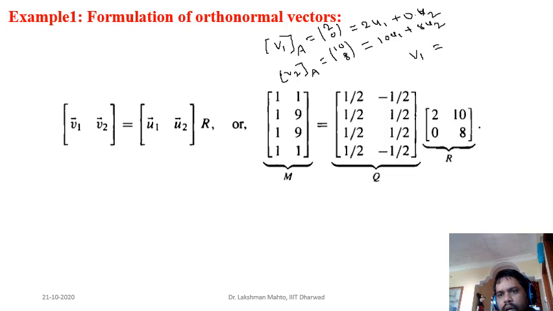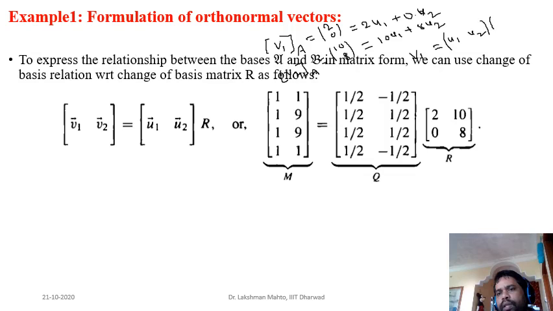That means simply you can say that u1, u2 taken as columns, multiplied with (2, 0). This I have written as a matrix notation, an augmented matrix notation. Your first column is u1 and u2 is the second column.